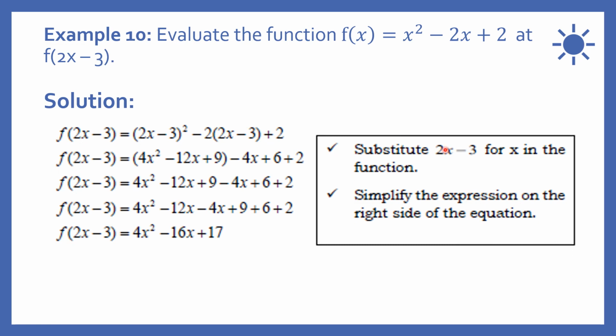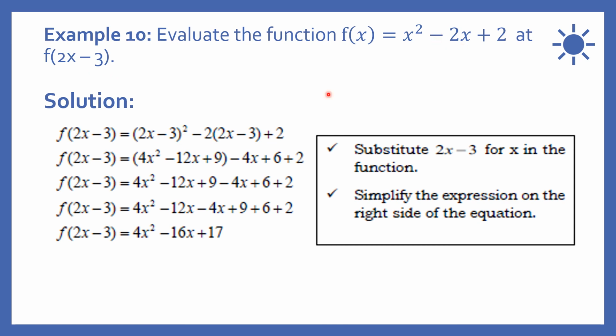Solution, substitute 2x minus 3 for x in the function and then simplify the expression on the right side of the equation. So, f of 2x minus 3 equals, eto, instead na x squared yan, magiging 2x minus 3 squared. Kasi ang value ng x natin ay 2x minus 3. Kaya 2x minus 3 squared.